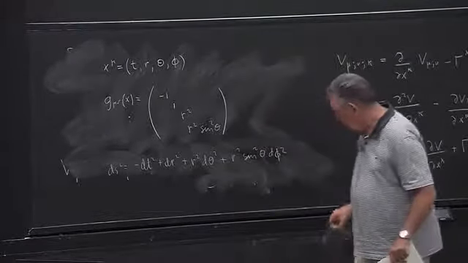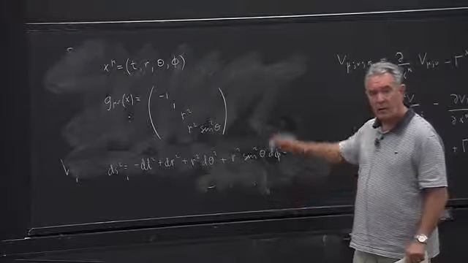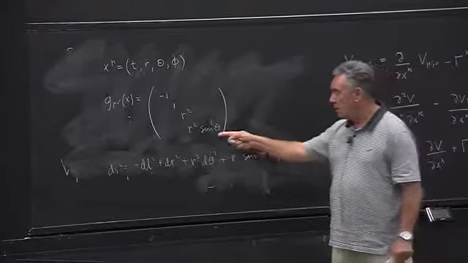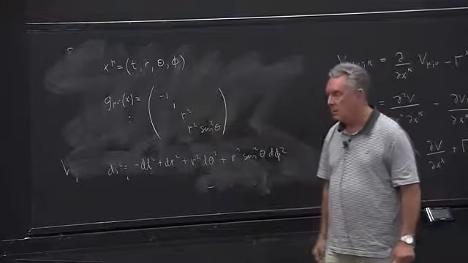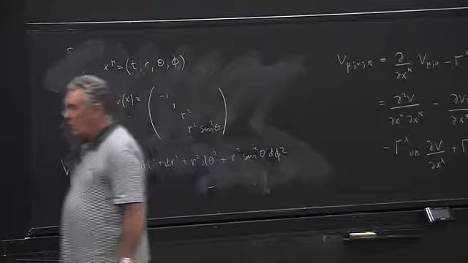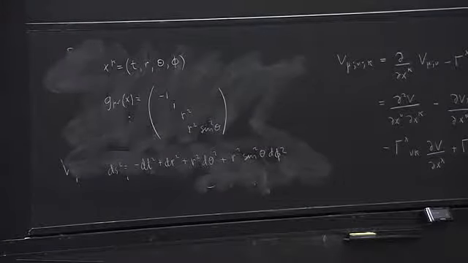So even a flat space metric, when written in polar coordinates, depends on the coordinates. So you can't just look at the x dependence in the metric and say, aha, that means the space is curved.